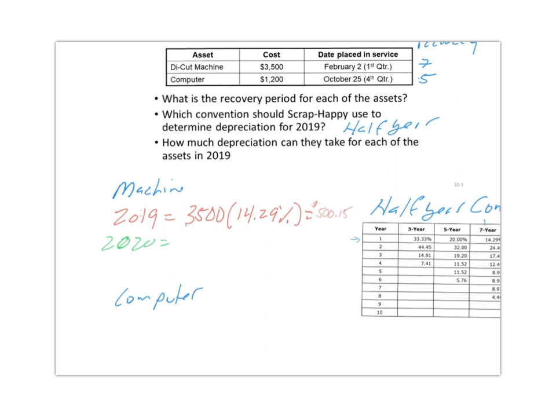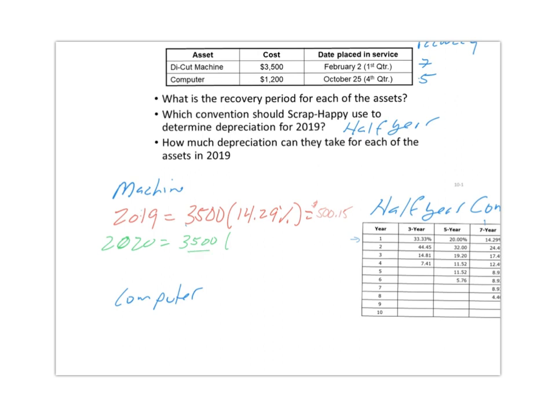Now, the cool thing about tax depreciation is you always start with what your cost or what your initial basis was, or if you have a basis change in the middle, then you have to go with a different basis. But for the most part, you're going to always use that historical cost or your original basis as your base, if you will, for depreciation.